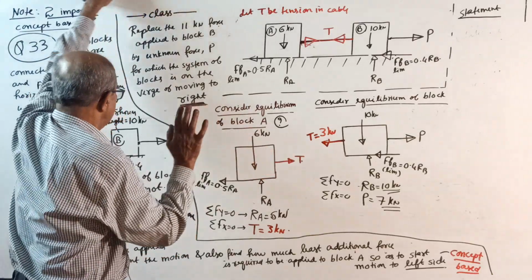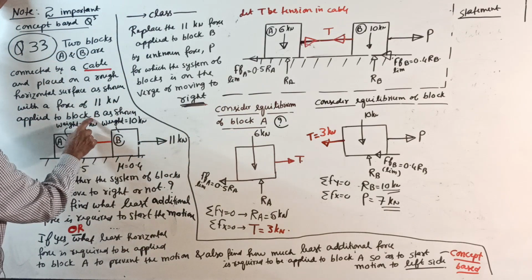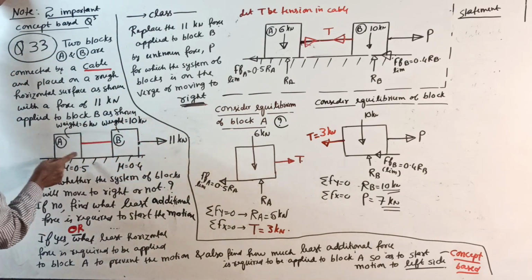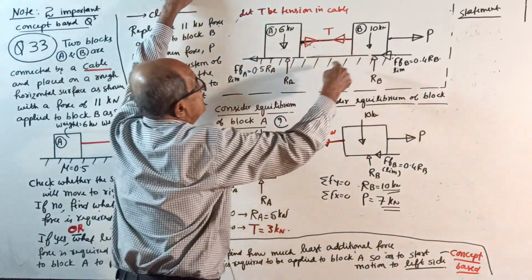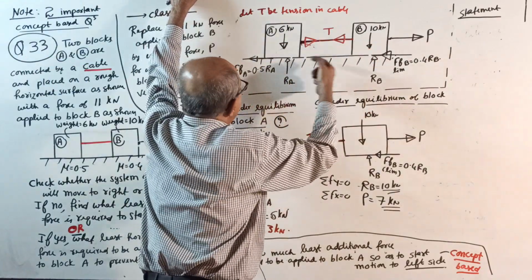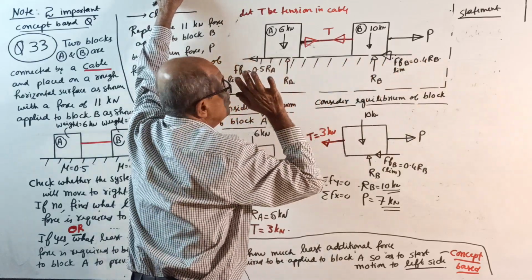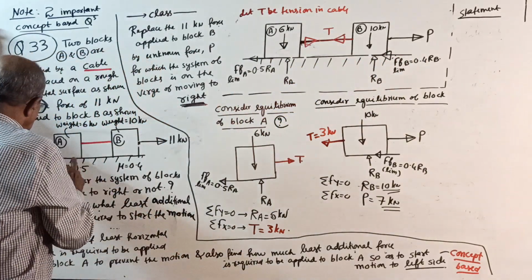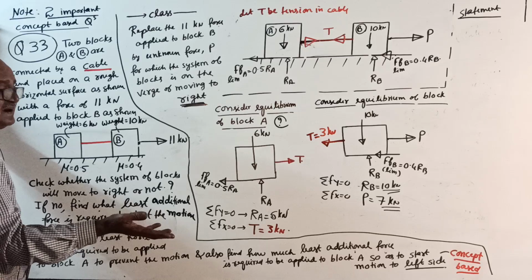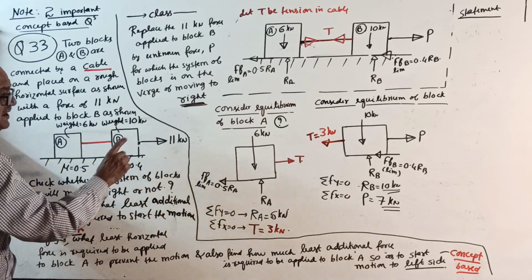Force of 11 kilonewton applied to block B as shown in the figure. 6 kilonewton weight, mu 0.5; 10 kilonewton weight, mu 0.4; reactions RA, RB, all known for you. Tension T. Now the question is the same as last time: check whether the system of blocks will move to the right or not.